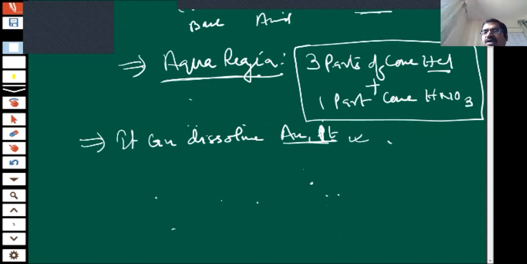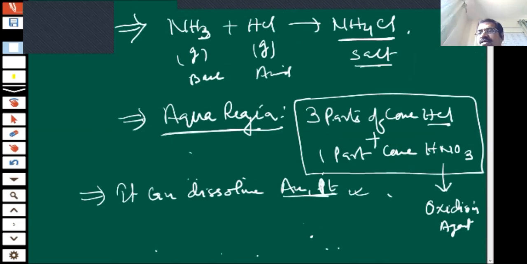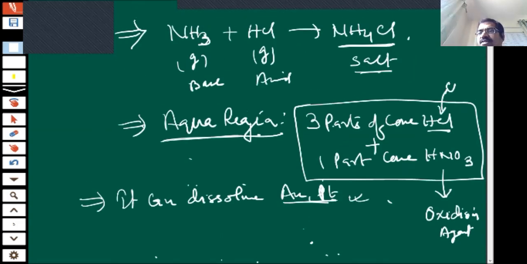Do you know why? How does it happen? This nitric acid plays the role of an oxidizing agent, and simultaneously this Cl minus plays the role of a ligand.